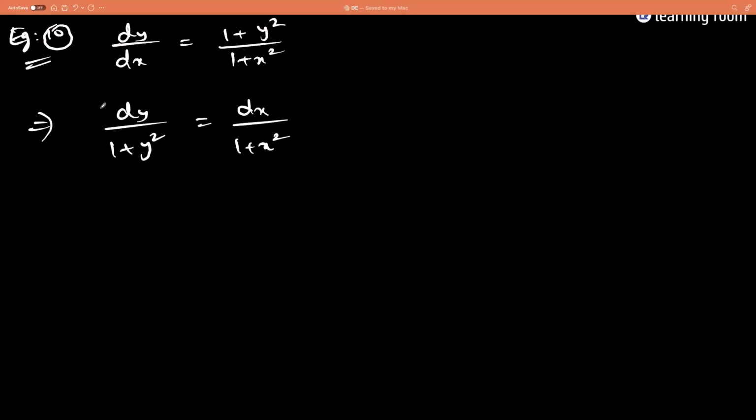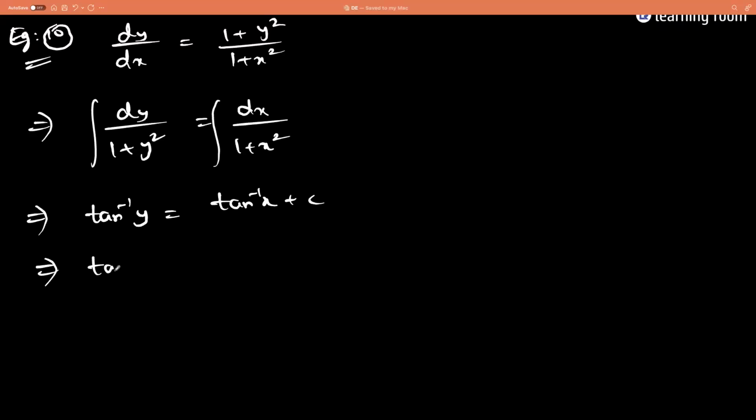So what should you do on both the sides? Integrate it. So integral of 1 by 1 plus y square is tan inverse of y is equal to tan inverse of x plus c. So which implies tan inverse x minus tan inverse y plus c is equal to 0.